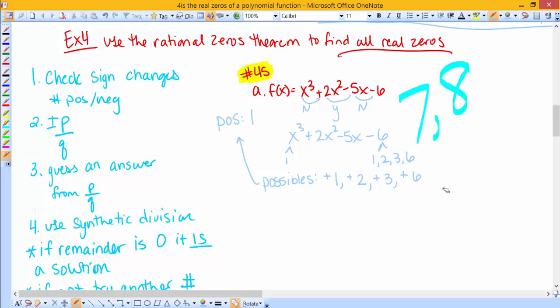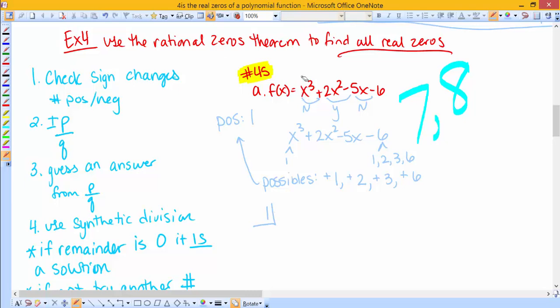Don't pick anything other than those 4. They will not work. So to use the synthetic division, I'm going to pick 1. And this is the guess and check part. Just do this on another piece of paper, your scratch paper, and you go until you get 0 for your remainder. And if you make a mistake, oh my goodness, good luck with that because you're going to be here for days. Don't make mistakes.